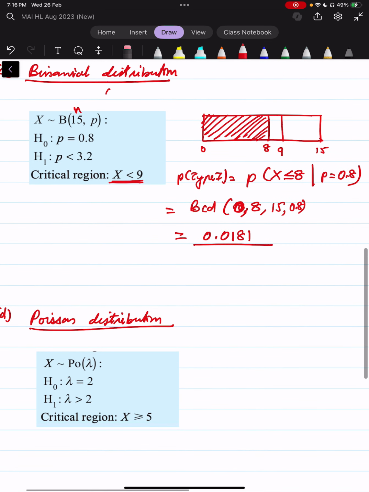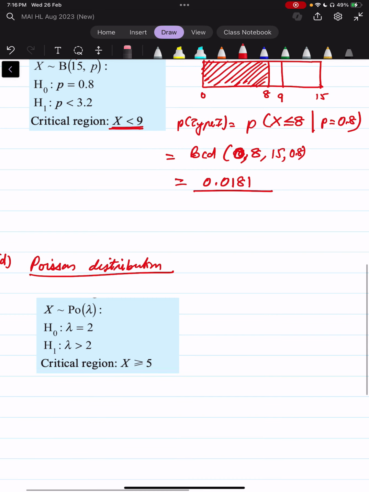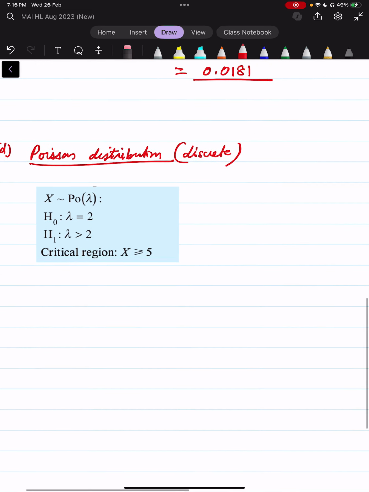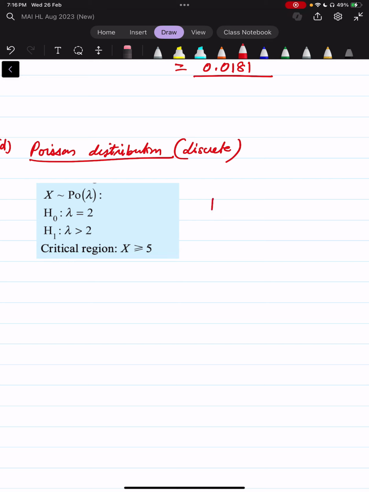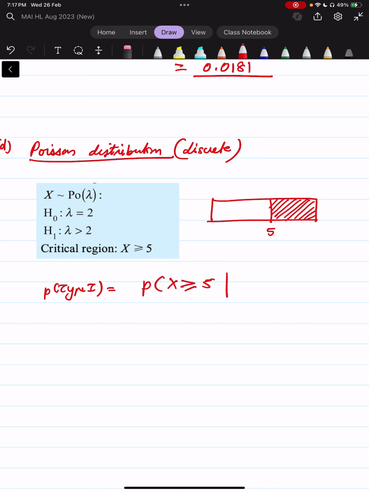So remember that binomial distribution is a discrete distribution. You draw a box so that you don't make a mistake, and Poisson is also discrete, while normal distribution is continuous. Now again, you draw a box over here. Your critical region is X greater than or equal to 5. I have deliberately taken this example where it's greater than or equal to 5. So your probability of type 1 error will be the probability that X is greater than or equal to 5, given that lambda is equal to 2.